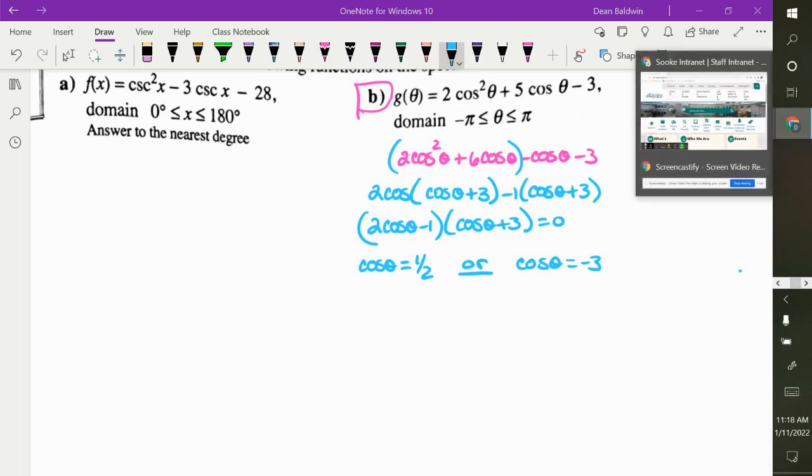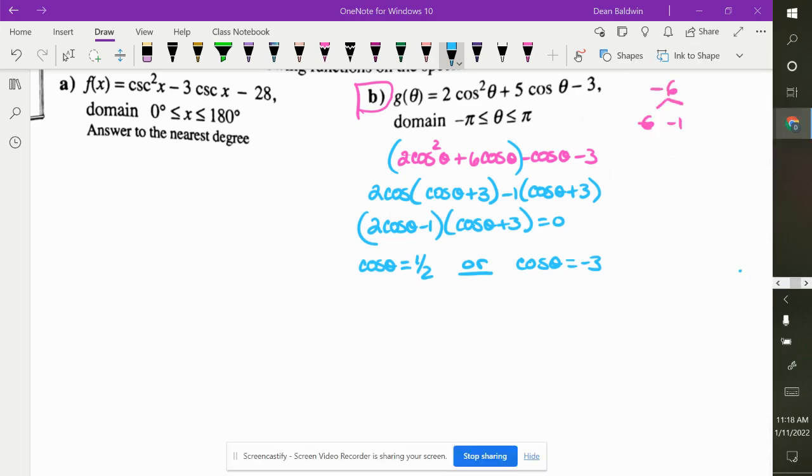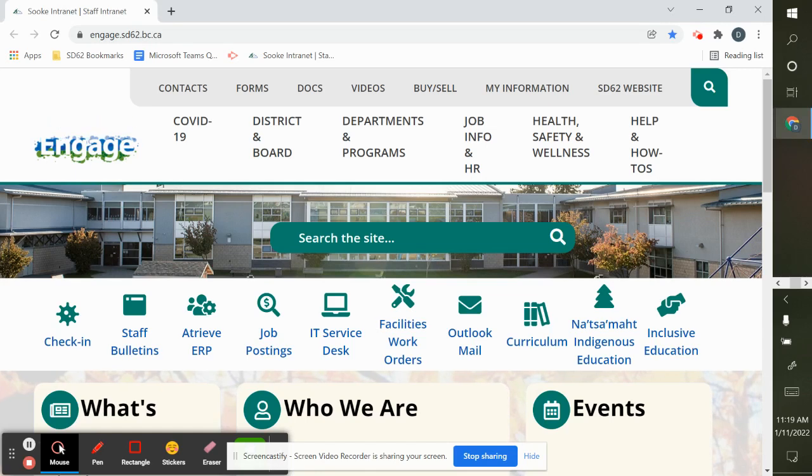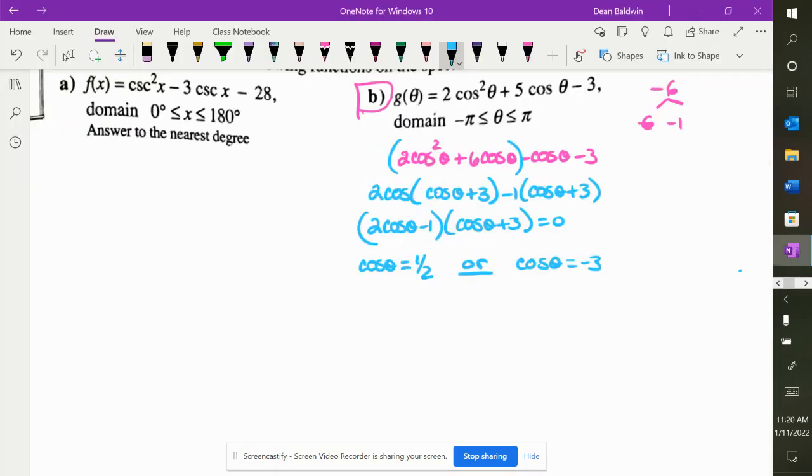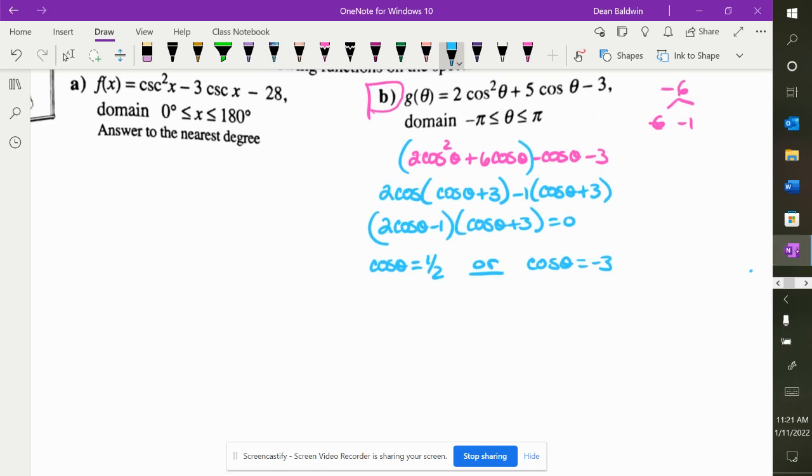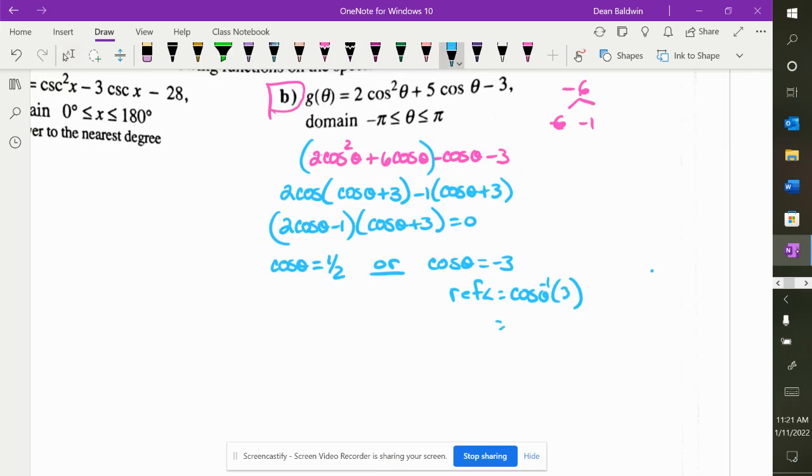Well, you have 6 and negative 1. All right. So once you're here, let's do the cos equals -3. Is this the one that's blowing up on you, Talia? Why is it blowing up? Because if you try to find the reference angle and you do inverse cosine of that, you're going to get error.